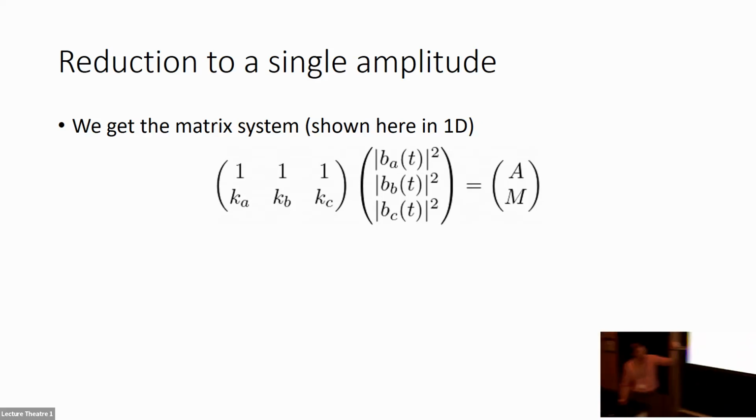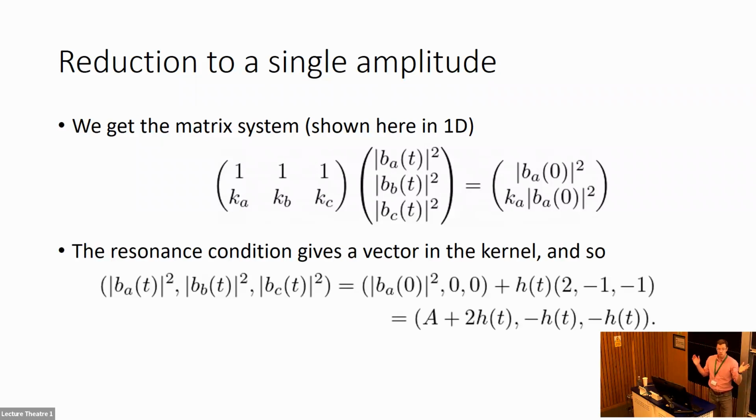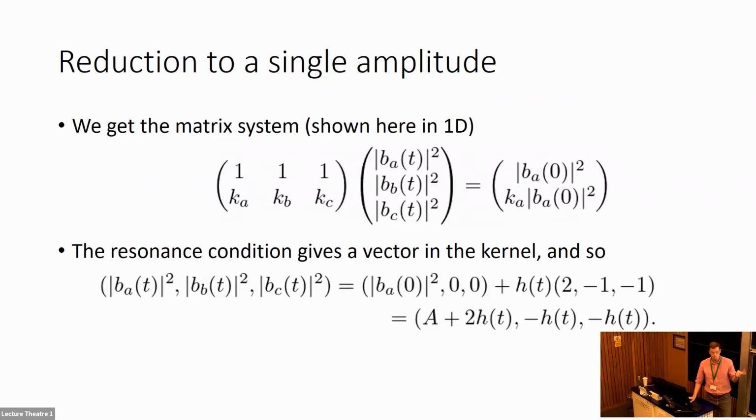So I'm picking an initial condition corresponding to a Stokes wave on the right-hand side. The matrix here, its kernel is spanned by this vector, which is basically the resonance condition encoded in vector form, and you get a particular solution plus the general solution gives you this thing here. And one amplitude parameter H controls the 3 amplitudes.